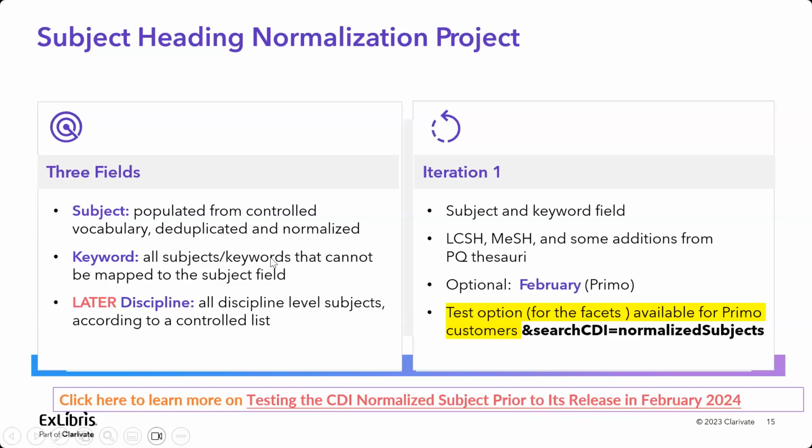Another thing that I want to draw your attention to is the subject heading normalization project. Christine Stone introduced those next two slides at IGeLU, and I think that now it's a chance to share it with the broader community. What is this all about?